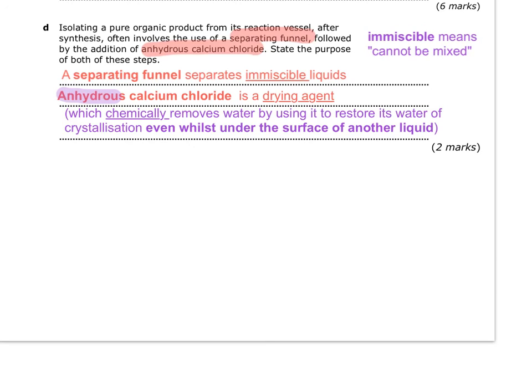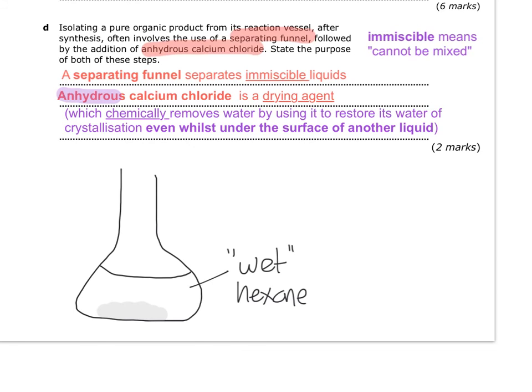So if we were to have some wet hexane, and that wet hexane had some anhydrous calcium chloride dropped into it, what you'd do, if you remember the clip that you would have watched in class, is give it 10 minutes after shaking it.